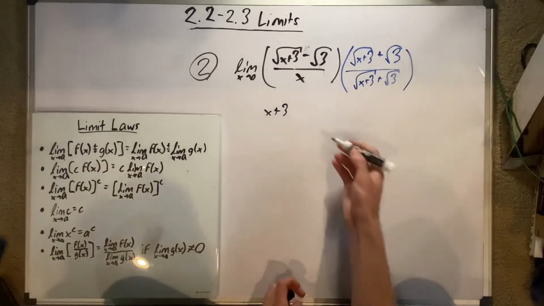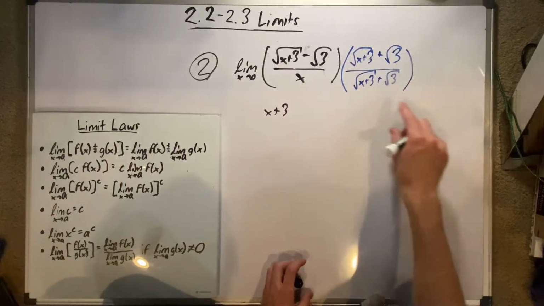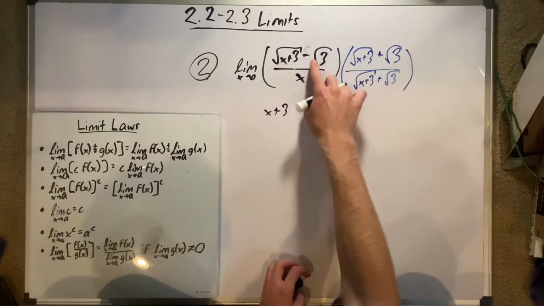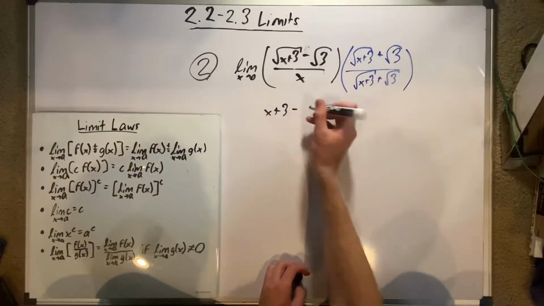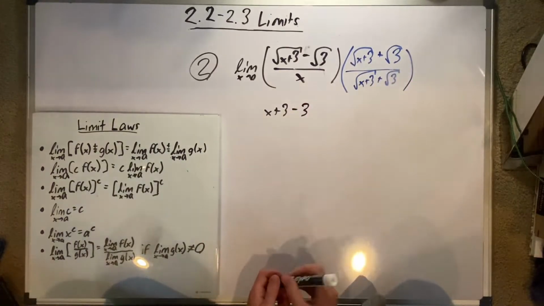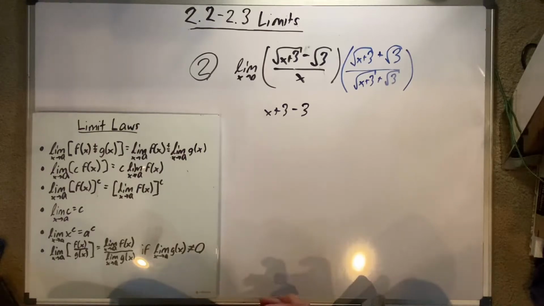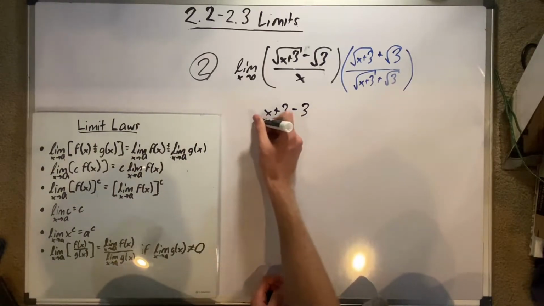So now we can completely ignore everything else and just move to the final ones. Negative rad 3 times positive rad 3 is equal to negative 3, so that's what we have at the top.